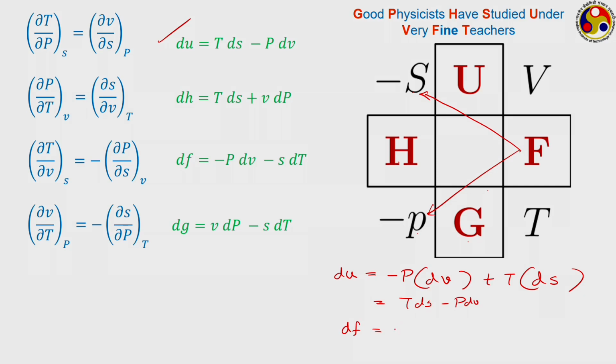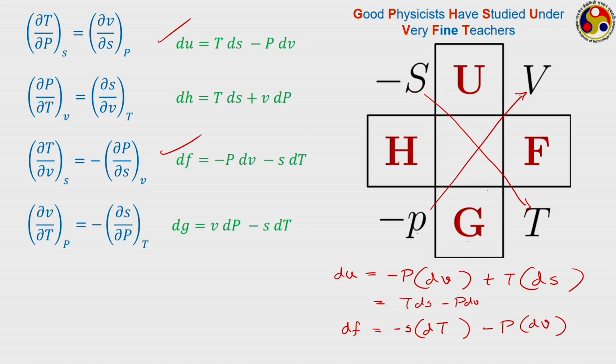So, one of the coefficients will be minus S into d of something, plus minus P into d of something. To identify what goes inside, for S you have to go to the opposite corner, that will be dT. For P you have to go to the opposite corner, that will be dV. Look at this, the expression is dF equals minus P dV minus S dT.